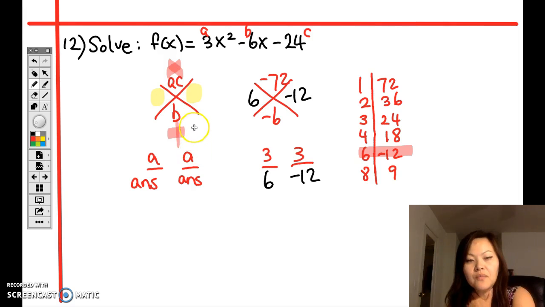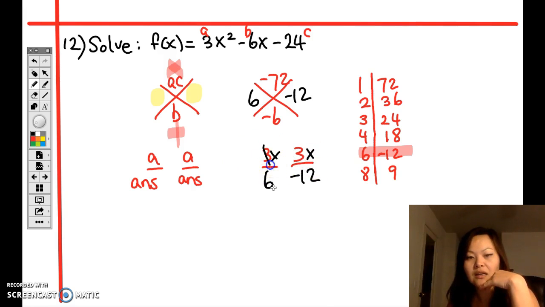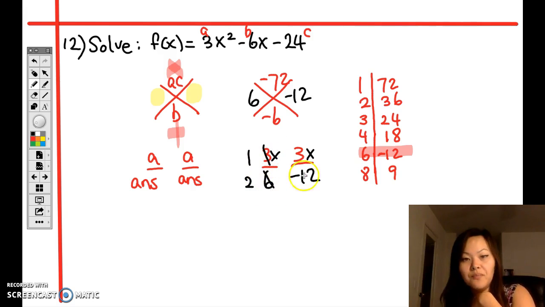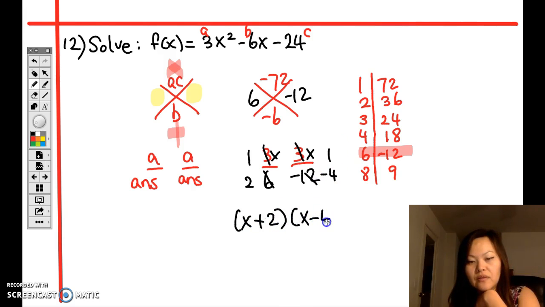Then the next thing you want to do is put the x over here so you know that this is the x. Simplify. So this becomes 1 and 2 because I can divide top and bottom by 3. And over here I can divide top and bottom by 3 and I'll get 1 and negative 4, right? So it's the same as 1x plus 2, and then over here is x minus 4.